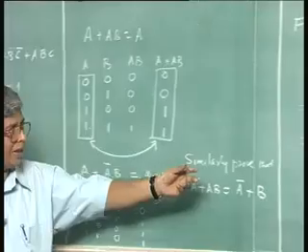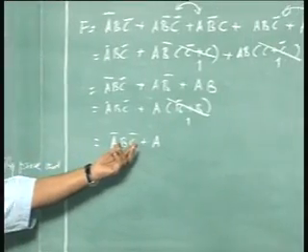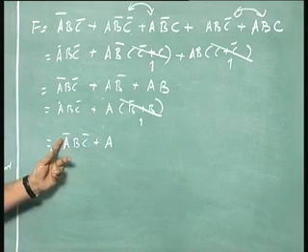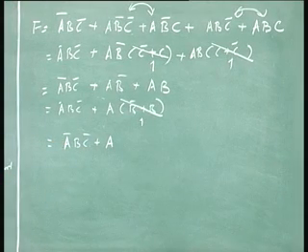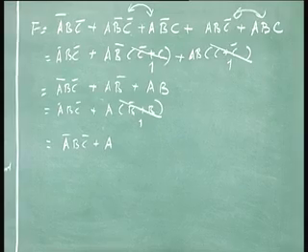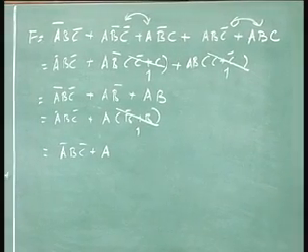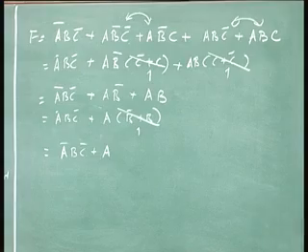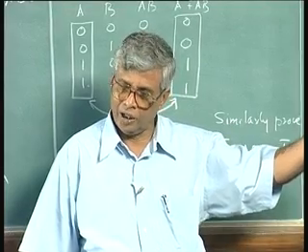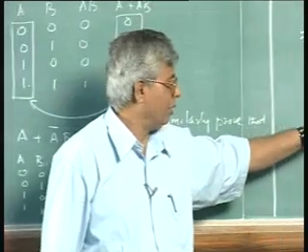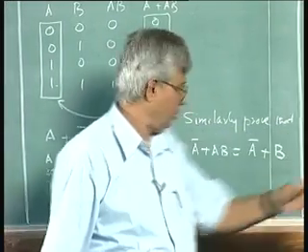So, if we treat this B C bar as another variable, A appears as A bar here. So, when you have a variable and the same variable repeated in a complement form along with another variable or other variables, this extra variable can be knocked off. Is that what it is?